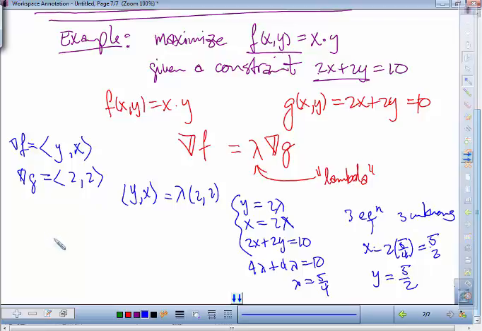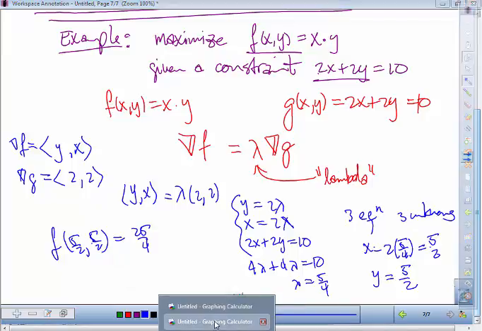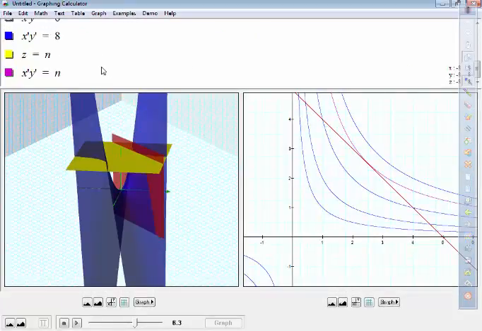Okay? So if we put that into the original function, we're going to get 25/4. Now, one more thing. Let's look at our graphic. The level curves, we're just kind of randomly choosing them, right?